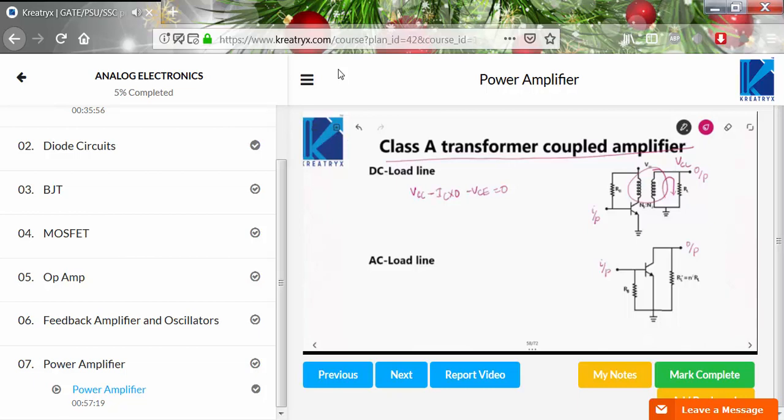Then what about the VC here? VC is nothing but VCC, right? I think this is X equal to K, right? Then what is the DC load line? X equal to K means the DC load line is a vertical line which cuts the voltage axis at VCC. I will show where it cuts.